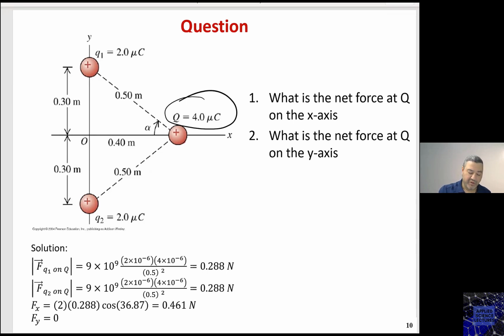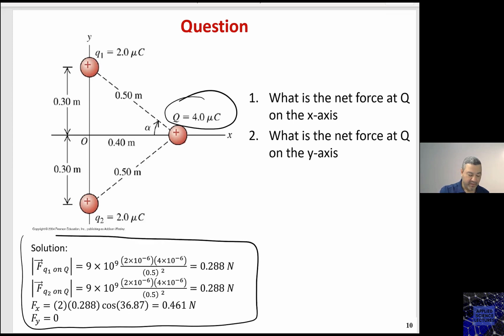So the question is looking for the two components of the net force, the x component and the y component. The solution is given to you here. One comment I need to mention here. I would like you to solve this question and then we can solve it together later on.